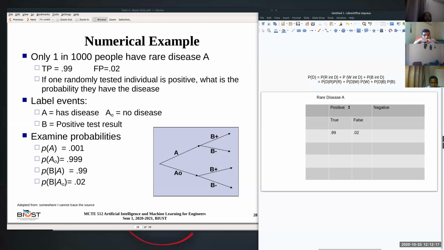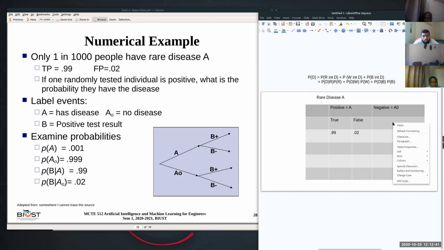So this one is the A event, and this one is negative, so that is the A0 event. In the A0 event, there's also a positive and a negative: the true negative and the false negative. So we are only looking at B.